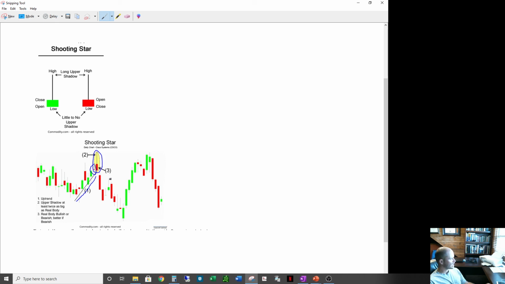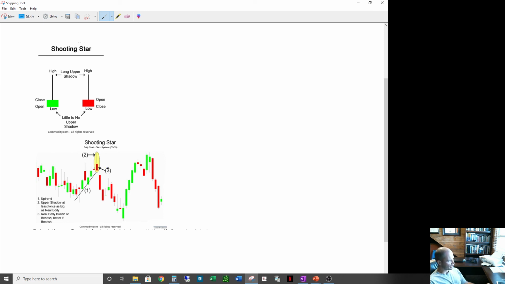If I was watching this chart and I saw that shooting star form, at the end of the day I would probably go ahead and take a short position, but I would make sure that I kept a tight stop.